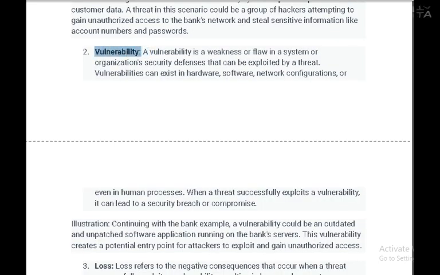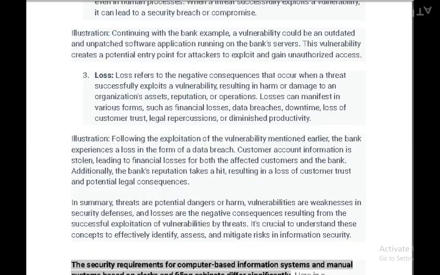Second, vulnerability. Vulnerability is the weakness. In simple words, vulnerability is any weak point in the information security system through which an unauthorized user can perform malicious activities directly by breaking the security system.